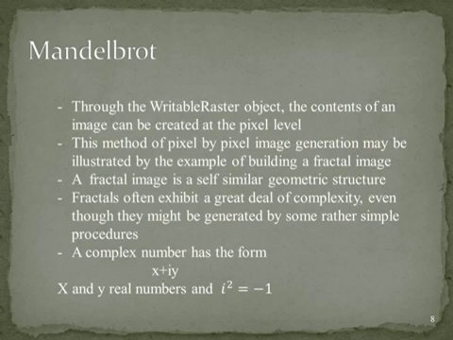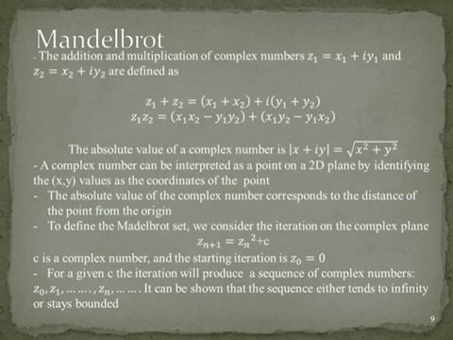It is defined on the complex plane. A complex number has the following form: x plus iy. x and y are real numbers, and i is the imaginary unit, where i squared equals minus 1.